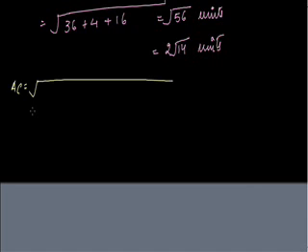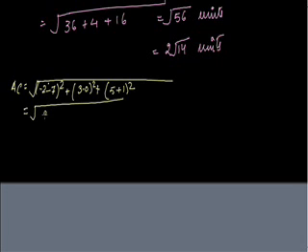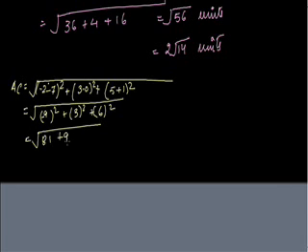Under root of (minus 2 minus 7) whole square plus (3 minus 0) whole square plus (5 minus 1), that is (5 plus 1) whole square, which is equal to root of (minus 9) whole square plus 3 whole square plus 6 whole square, which is equal to under root of 81 plus 9 plus 36, which is equal to root 126 units.